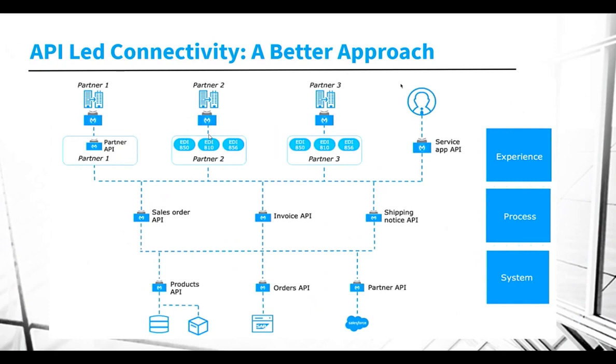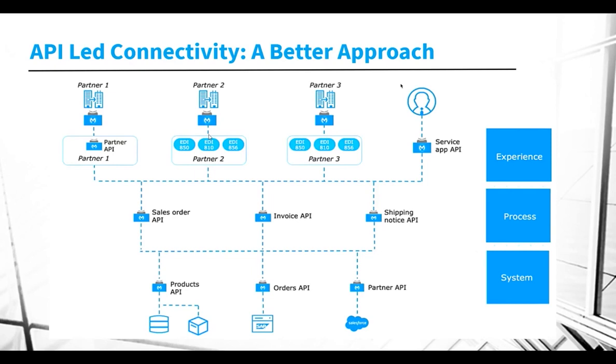We are building custom integrations, but for our organization, let's say I'm a retailer, my business process is always the same. This is always sacrosanct. My business process, order to cash process, invoice process, always remains the same.